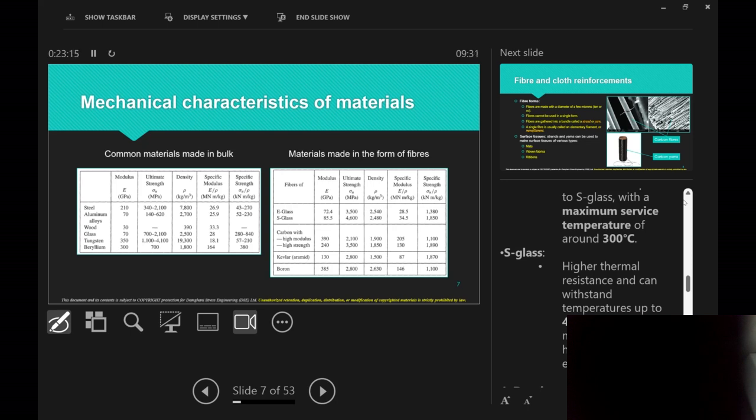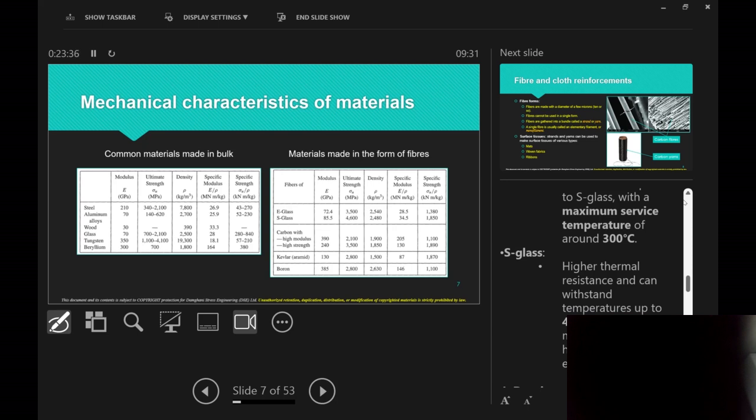So you look at the modulus, 70 to 85. S-glass is pretty much the same as aluminium. Where's aluminium? 70, 72. Okay. If you look at aluminium, the strength is 52 to 230, and that one is 1,000.